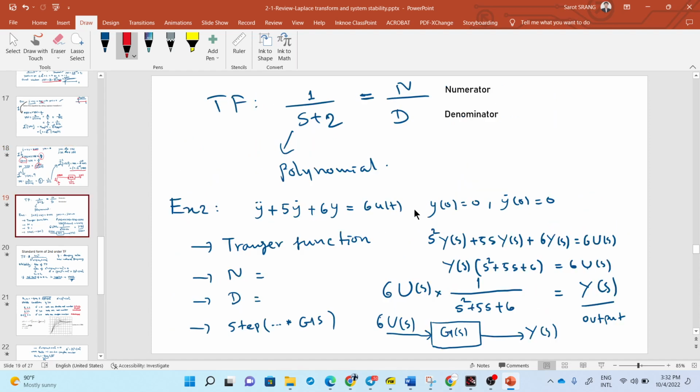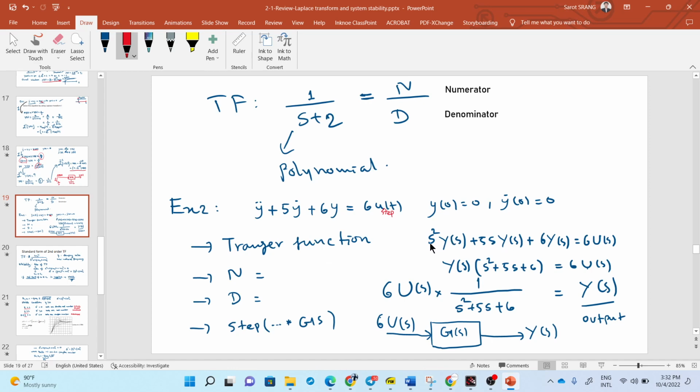Let's see example 2. What is the transfer function for this system? Again, this u is a step. You can clearly see that the transfer function is just the inverse of the characteristic term, right?